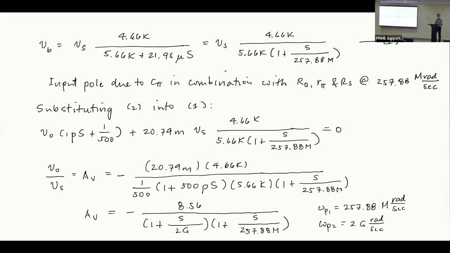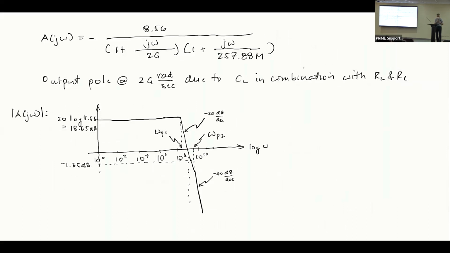Okay. So how do we get the frequency response? Ano yung susunod? Once you have it in this form, you just replace S with J omega. Yun, no? You just replace S with J omega.